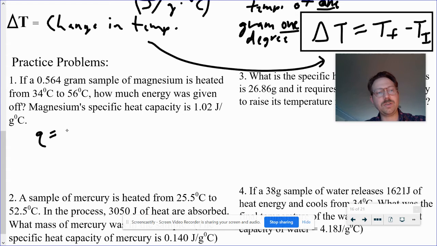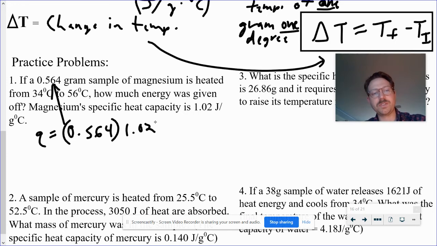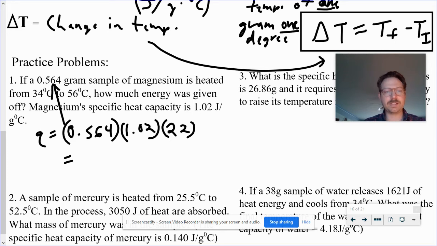So we take Q, we set the mass in here, we put it as 0.564. We put the specific heat, 1.02, and we put delta T. So what's the change in temperature? 34 and 56, that would be 22 degrees. Okay, and we multiply this together, and let's get an answer.